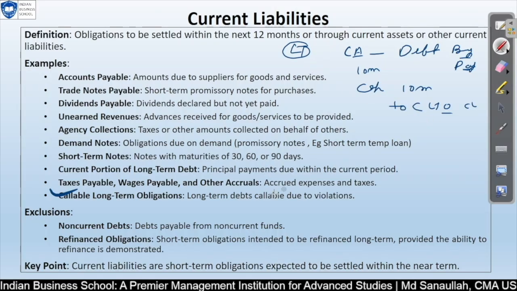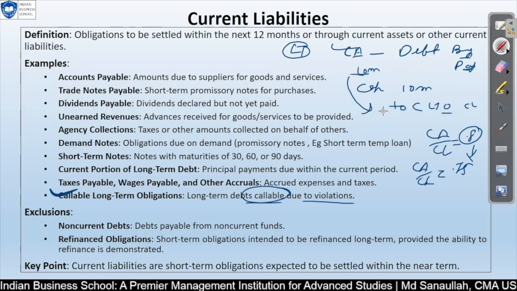But since it has a callable option, suppose they expect you to maintain a current assets to current liabilities ratio of at least 0.8. If it goes beyond that, if the ratio falls to 0.75, or if there is any other term and condition you agreed to in the agreement when you issued your debt, and you violate anything, he can call the option, and then you have to pay him the cash back including interest.